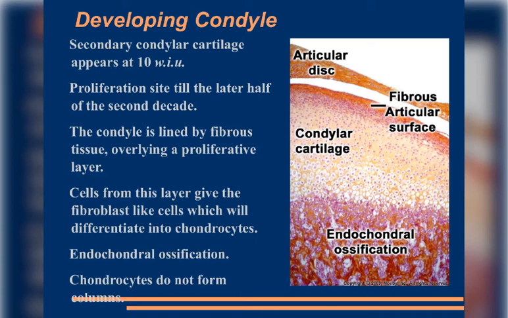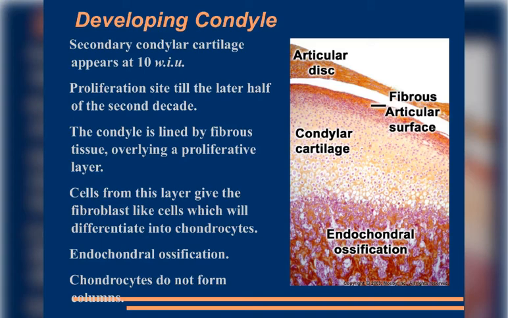Cells from this layer give the fibroblast-like cells which will differentiate into chondrocytes. The majority of the condyle is turned into bone by a process called endochondral ossification.